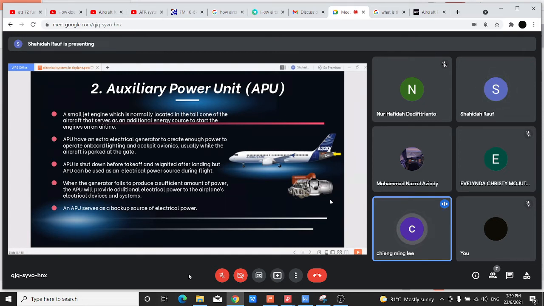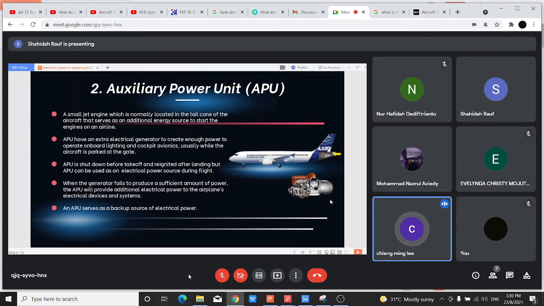Sometimes with both your engines running, if your generator fails, you don't have electrical power. That's why there's an APU, a ram air turbine, and a battery. It's not necessary that both engines have to fail.